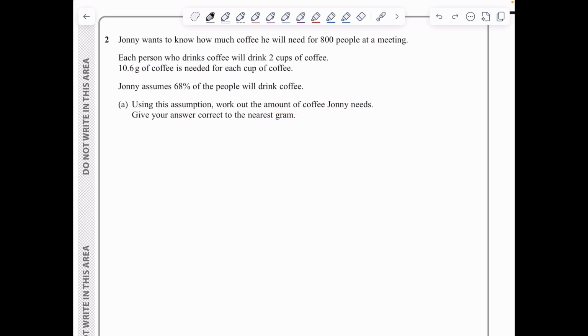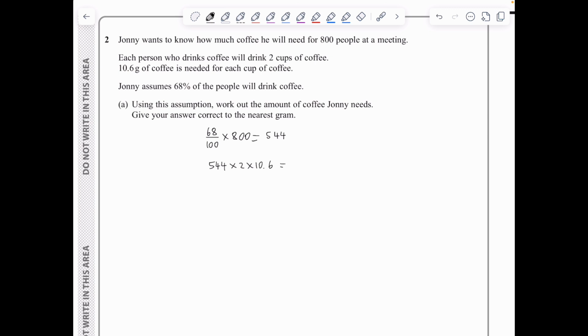Well, I will start by calculating 68% of 800. This will give me the number of people that we expect to drink coffee. It gives an answer of 544, and now each one of these 544 people will have 2 cups, and each cup will need 10.6 grams.